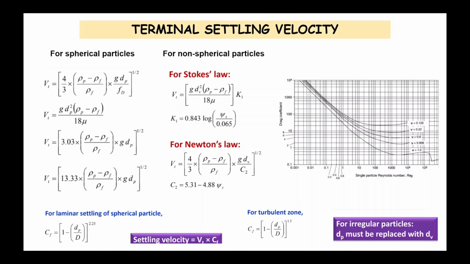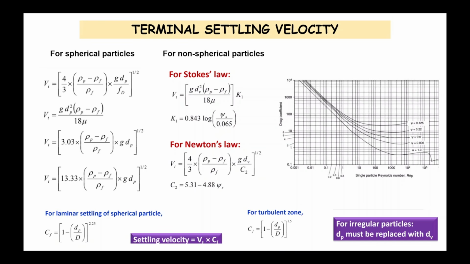And here the d of the particle will not be dp, it's going to be dv, that is the diameter of the sphere equivalent to the volume of the particle. This is something that we learned in live interaction session 1 or week 1 about the different kinds of diameters. So dv will be used here.